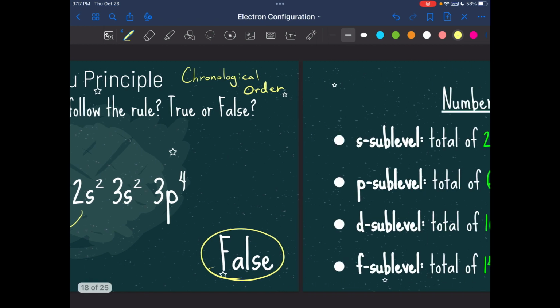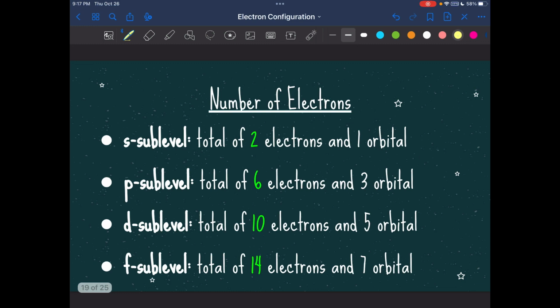But to do so, we need to make sure about something. In an S sublevel, we have 2 electrons, to be more specific, the arrow signs, and 1 orbital, which is the box. So let me actually show you how the boxes look. In one box, we have 2 arrow signs.